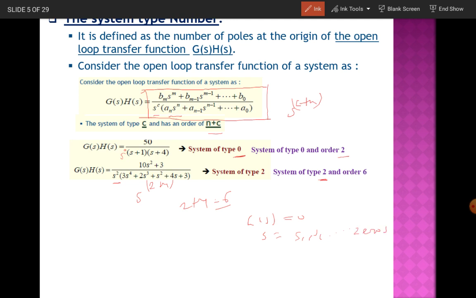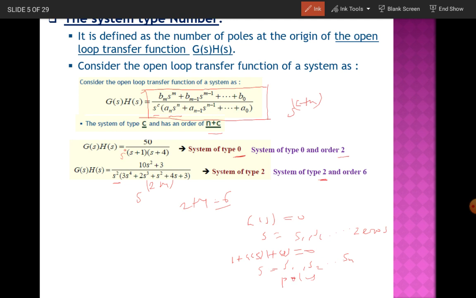Whereas for the denominator term, 1 plus G of S H of S is equal to 0, solving for S you will get S1, S2 up to Sn. This will give the poles of the system.